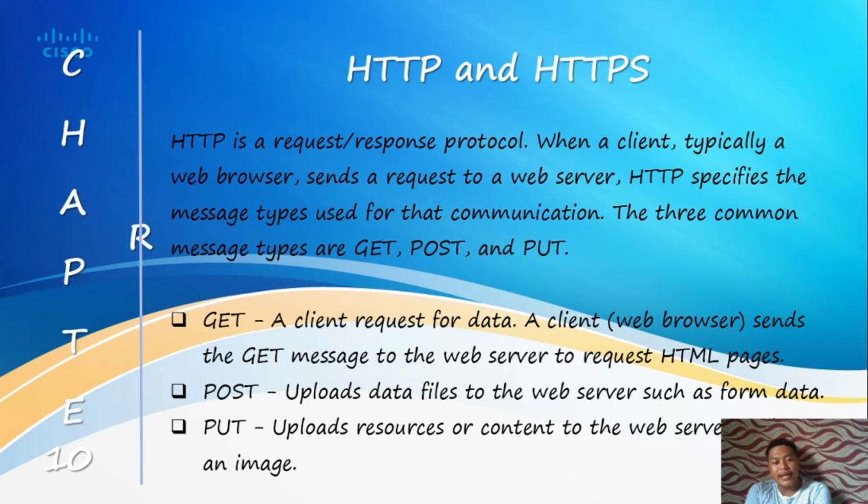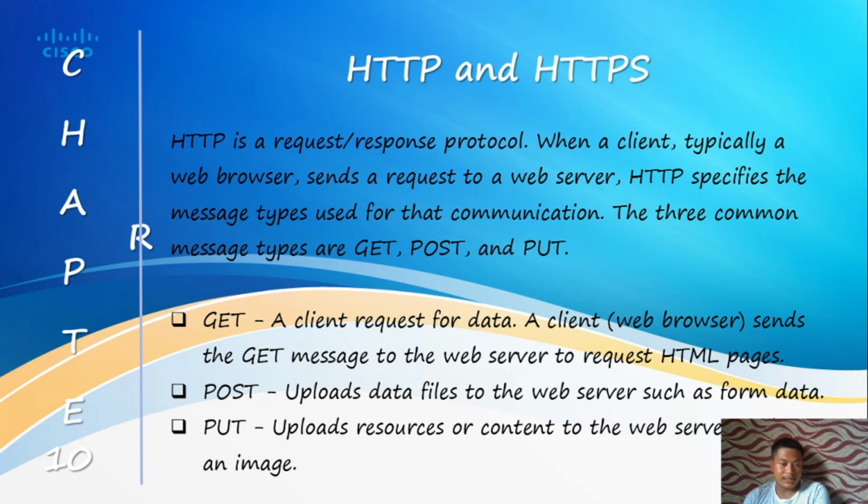HTTP and HTTPS. HTTP, or Hypertext Transfer Protocol, is a request-response protocol. A client, typically a web browser, sends a request to the web server. HTTP specifies the message types used for the communication. The three common message types are get, post, and put.